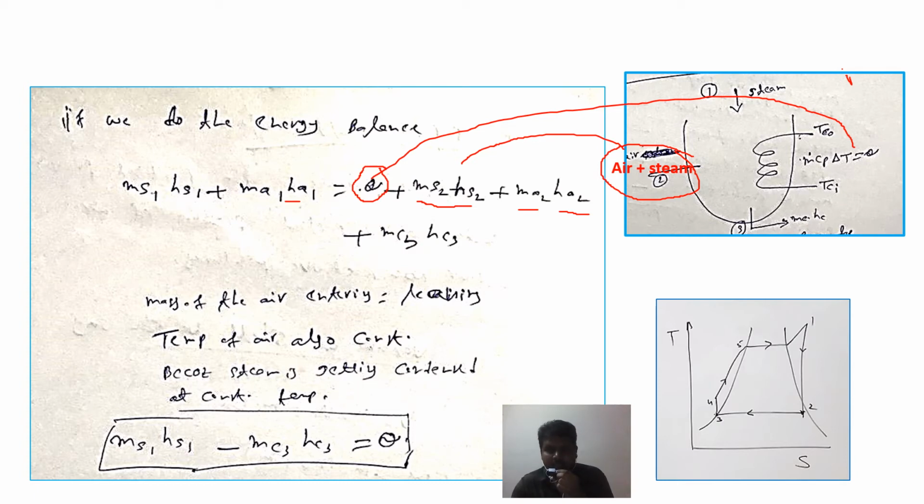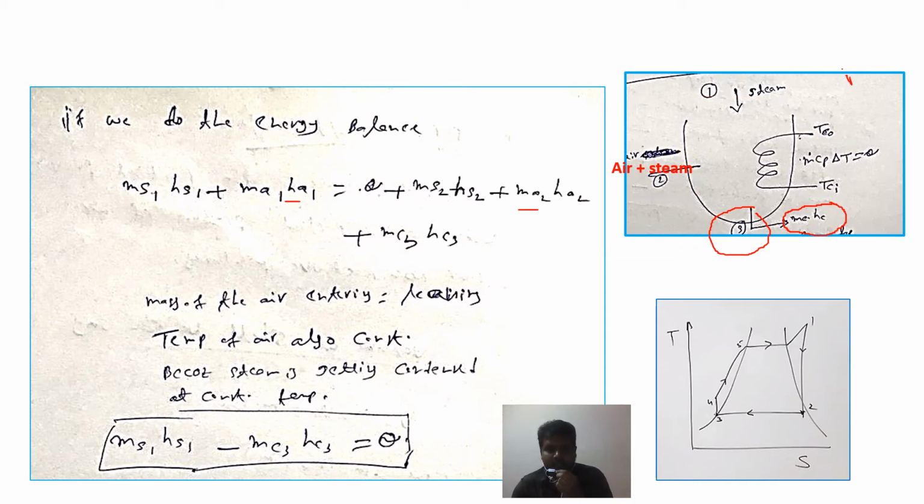Finally, the third state is the condensate. The heat is mc into hc, mass of condensate into enthalpy of condensate. Because it is at state 3, we write it as mc3, mass of condensate at state 3 into enthalpy of condensate at state 3. So this is the heat balance equation. The left side is entering, and the right side is leaving.